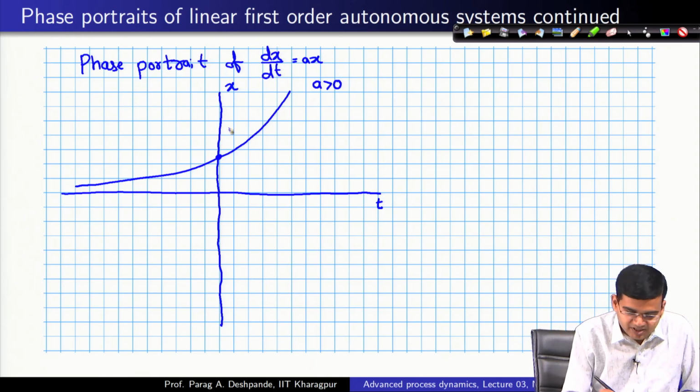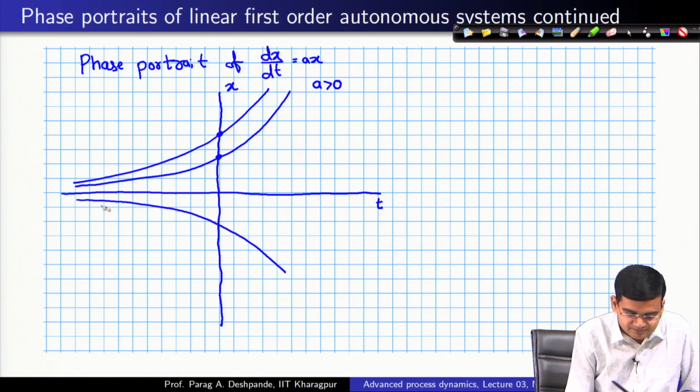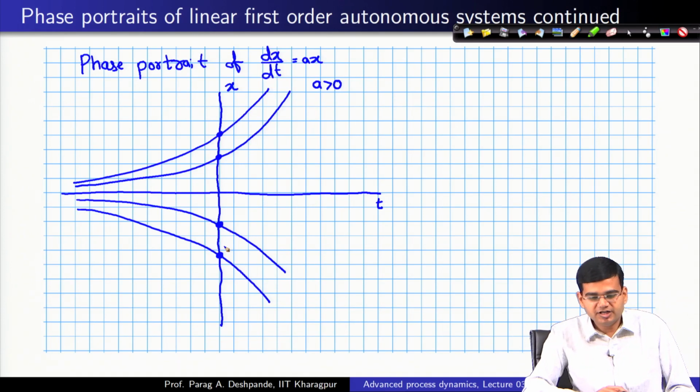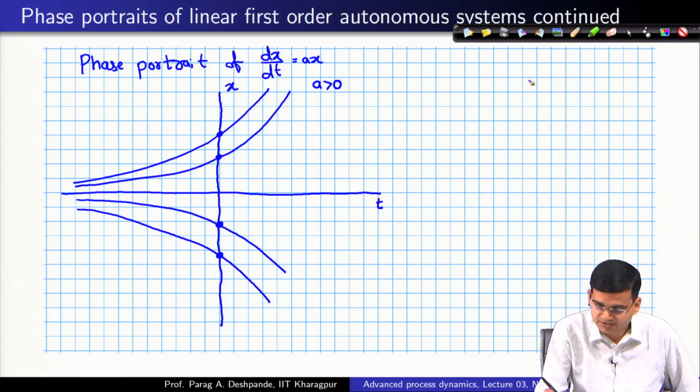Okay. Similarly, for different values of initial conditions, you can draw different possibilities. So, these are different initial values and you can draw it for various values of a, but the condition is that in all the cases a has to be greater than 0. When a is less than 0, let me draw the axis again.